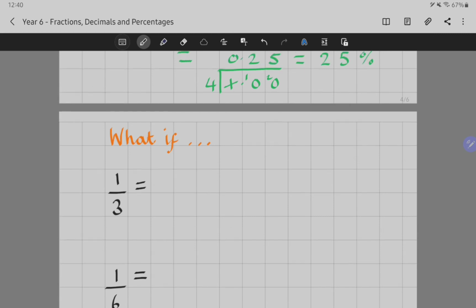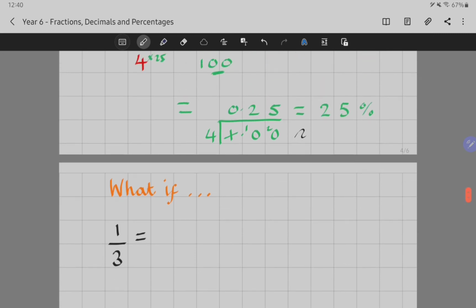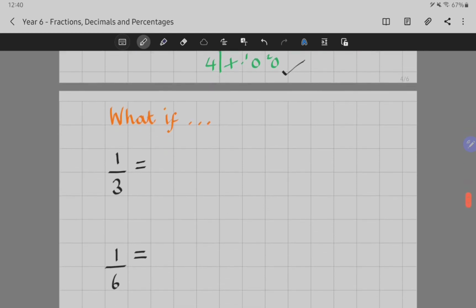Okay, so we're going to use this method. Okay, if I find a decimal equivalent, then I can find a percentage. So 1/3, I'm going to divide 1 by 3. Just extend my bus stop there. Oh, sorry, I'm dividing by 3.